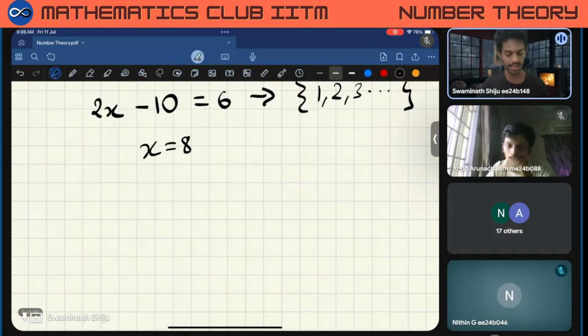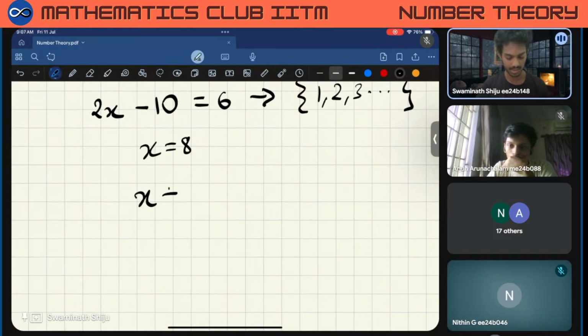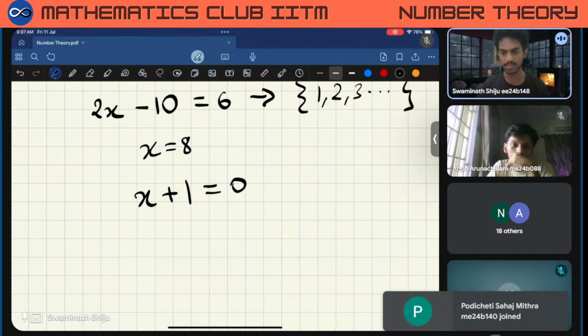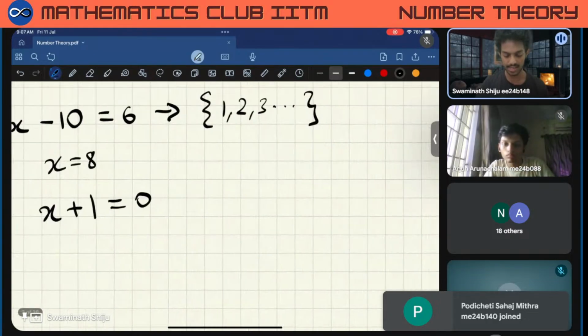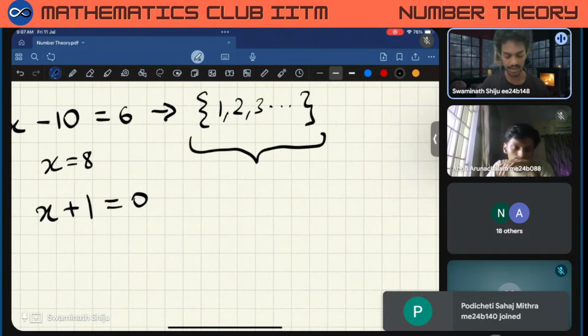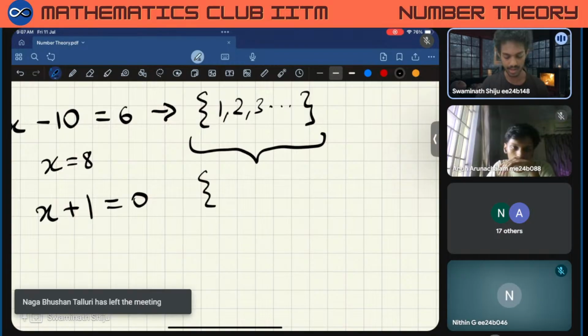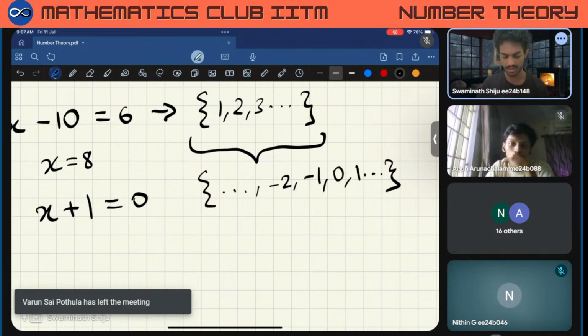Say I give you something like x plus 1 equal to 0. This is obviously not solvable using positive integers, but it is solvable. How do we do it? We extend our number system to include negative numbers. So it's like -2, -1, 0, 1, and so on.